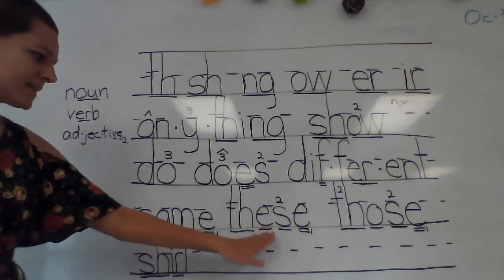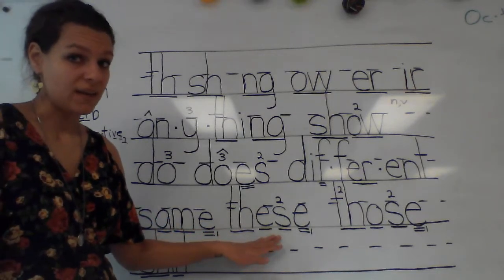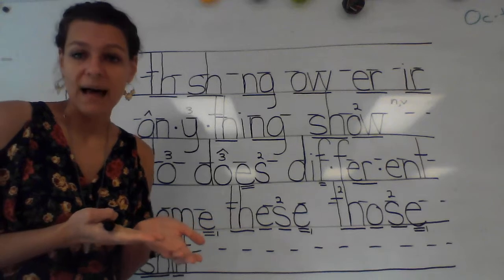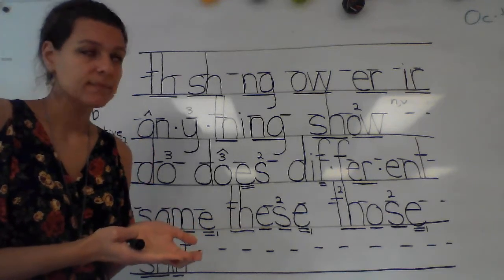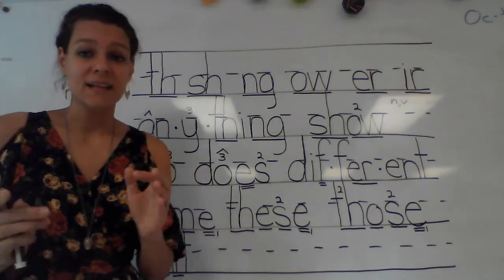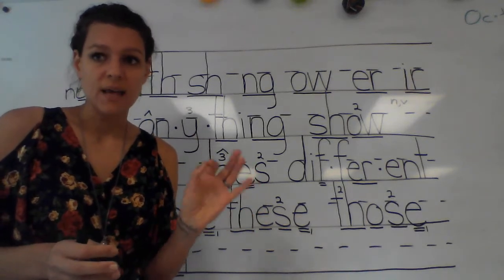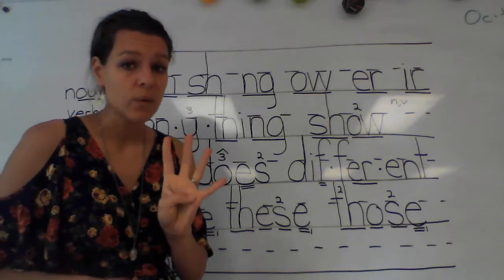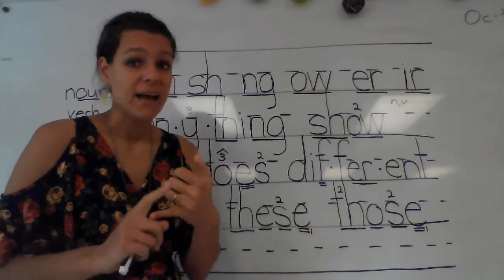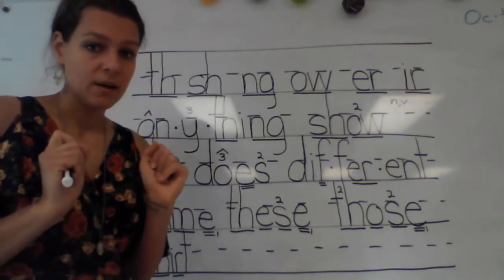All right. Let's see. The next word is "these." These flowers are beautiful. In that sentence, these is describing the word flowers. Remember our adjectives? There are four different questions that our adjectives can answer, right?